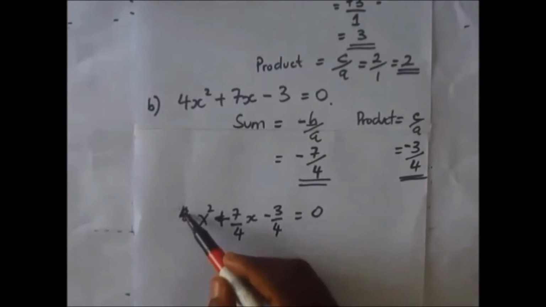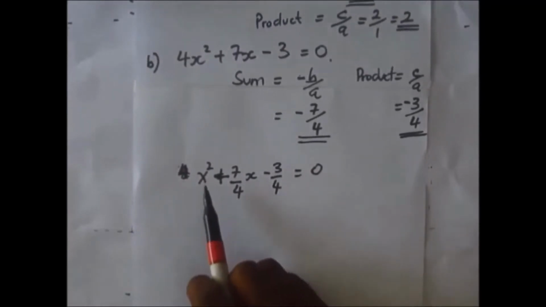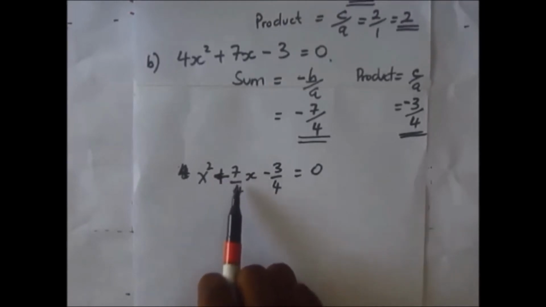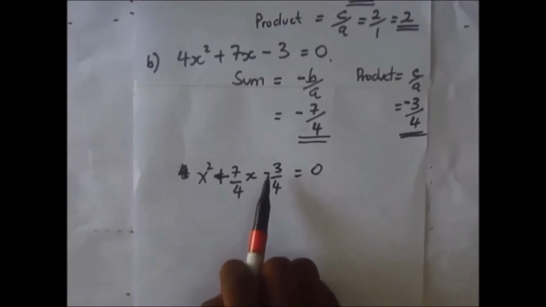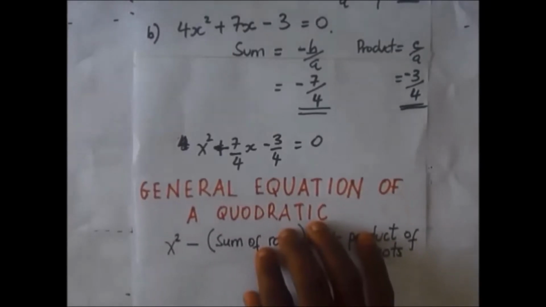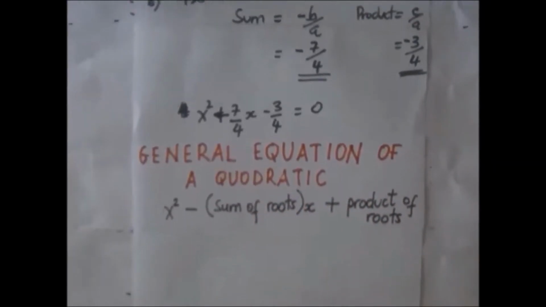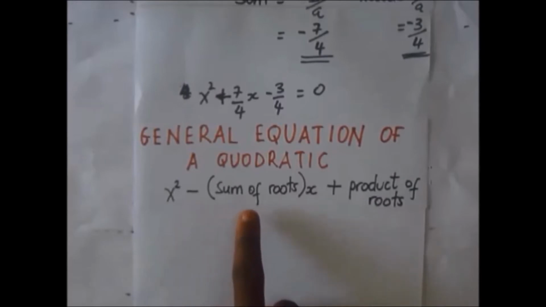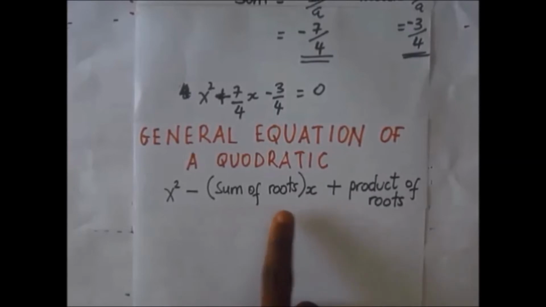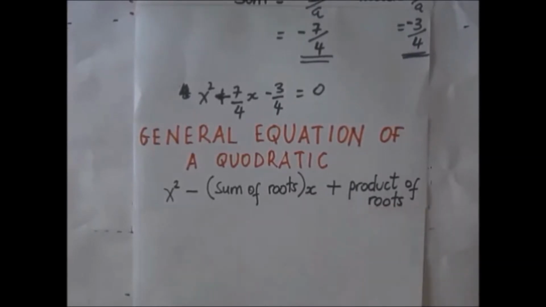If the coefficient of x squared is 1, you will see that the general form of the equation is x squared minus the sum of the roots times x plus the product of the roots. So from that we come up with this general equation of a quadratic equation that should be at your fingertips. The general equation of a quadratic is x squared minus sum of roots times x, where the sum of roots gives the coefficient of x, plus the product of the roots.